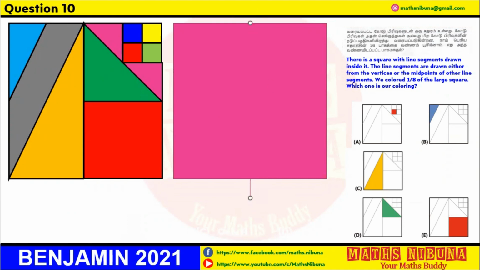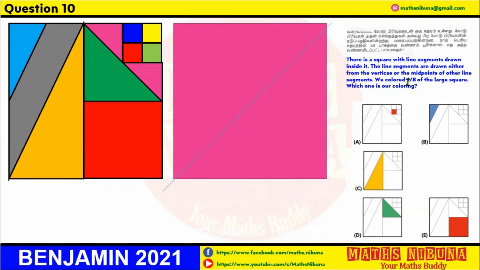Maybe this becomes half, this becomes half, or maybe I can cut horizontally. When I cut here, this becomes half, this becomes half. Or one more way is I cut it diagonally. This becomes half, this becomes half.